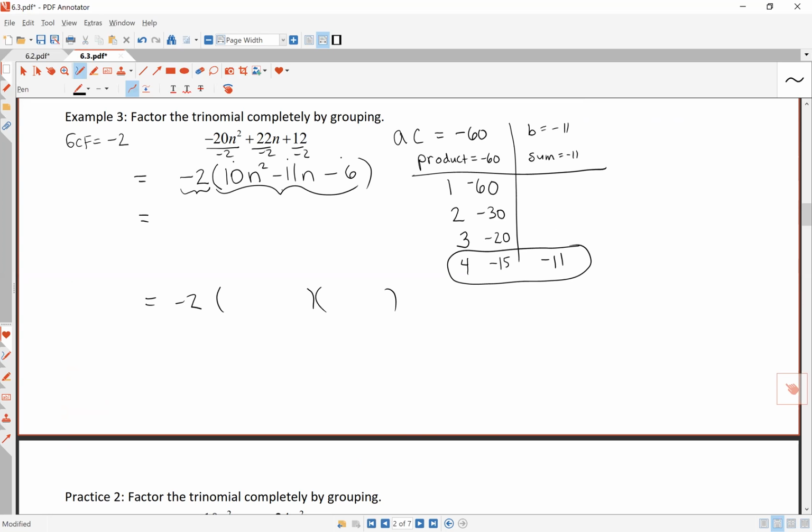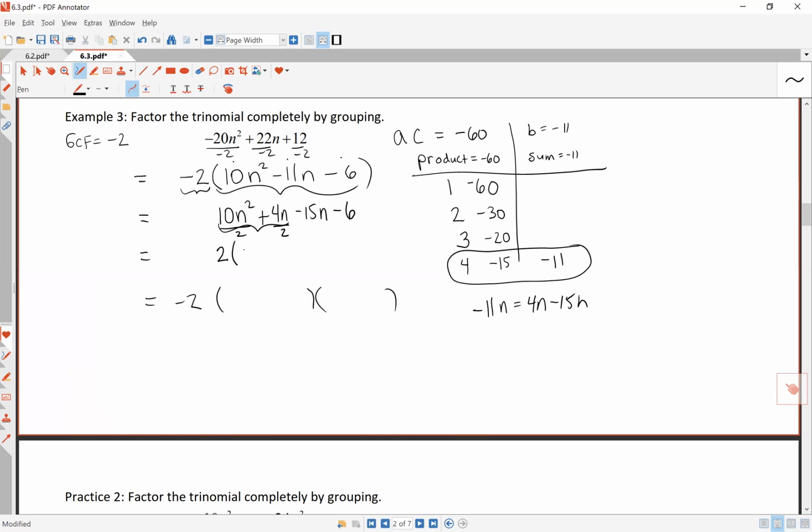So we replace the negative 11n with 4n minus 15n. We factor by grouping. Our first pair has a 2 in common.